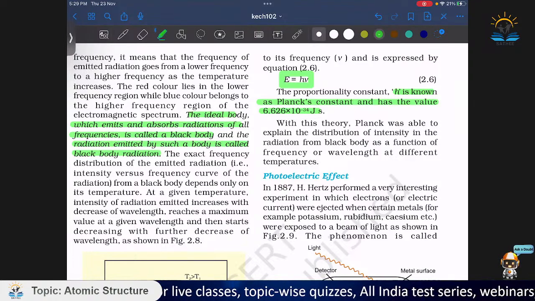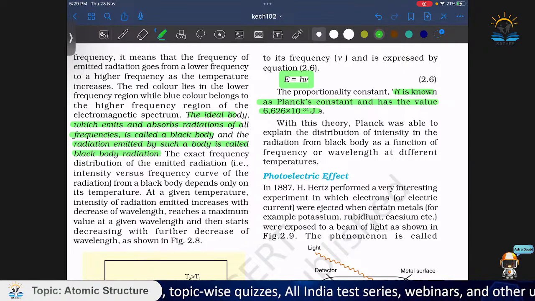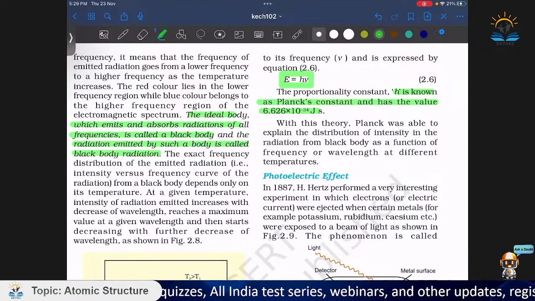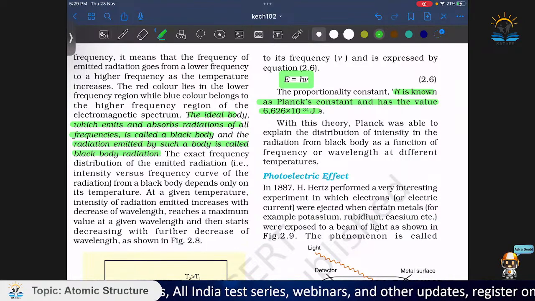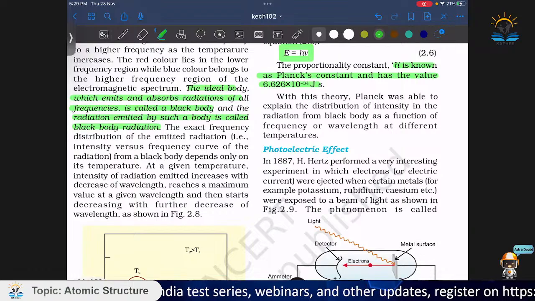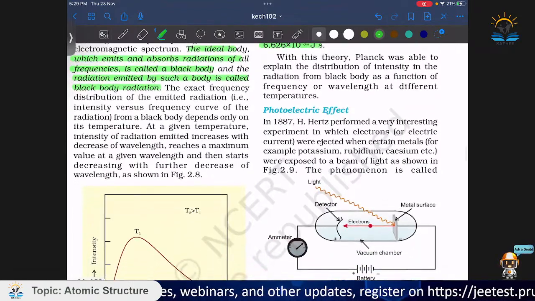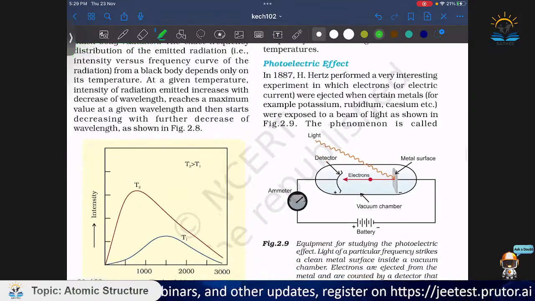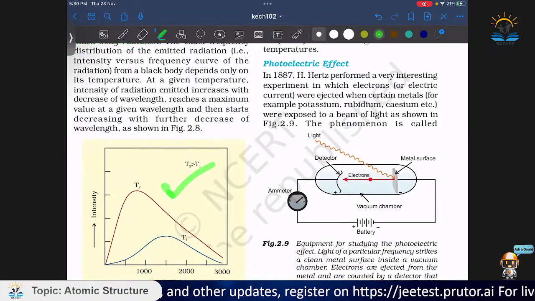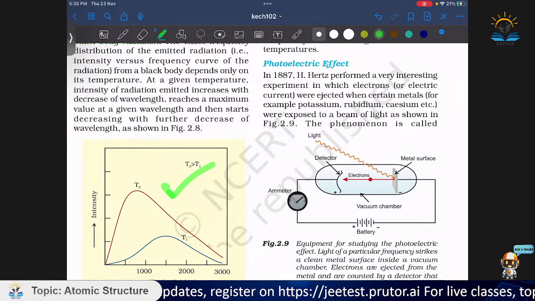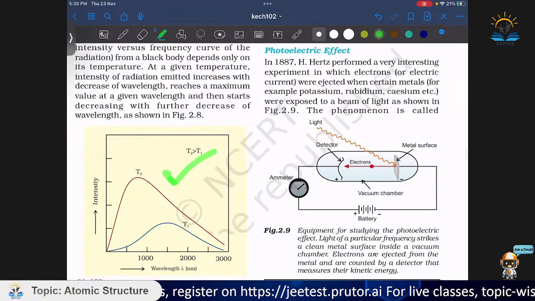There is a minimal amount of energy below which it cannot exist. Just like we had seen quantization of charge, 1.6 × 10^-19 coulomb, energy is also quantized. With this theory, Planck was able to explain the distribution of intensity in the radiation from a black body as a function of wavelength or frequency at different temperatures. So this curve he was able to explain. Next, the photoelectric effect also shows the particle nature.